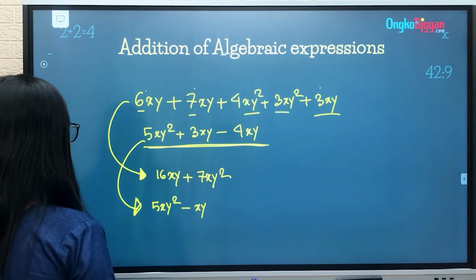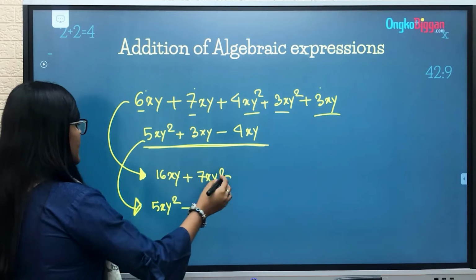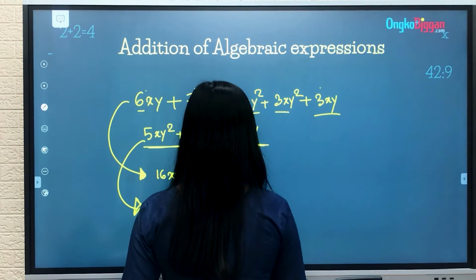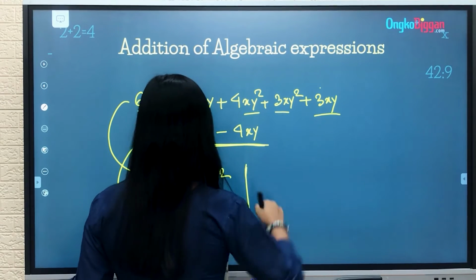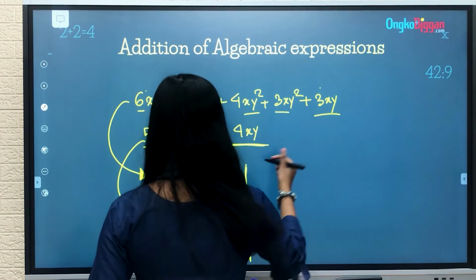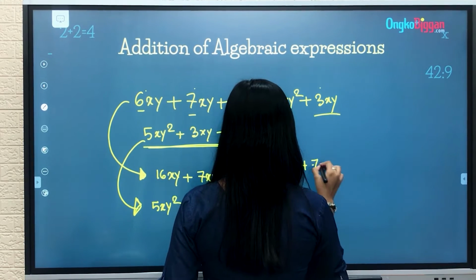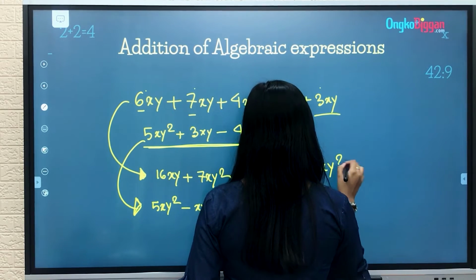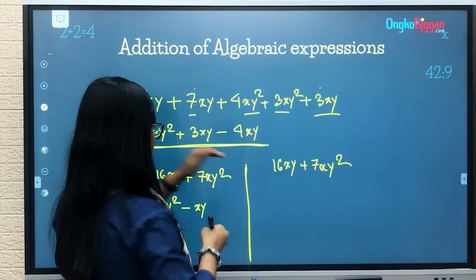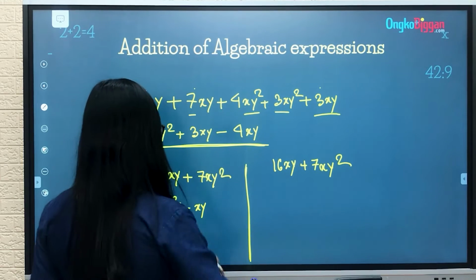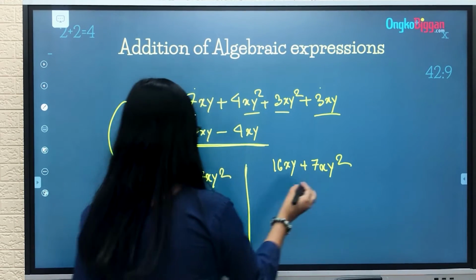So after doing the simplification, we will write this one above the other, like 16xy plus 7xy squared. We will write the same term below the same term, maintaining the signs.